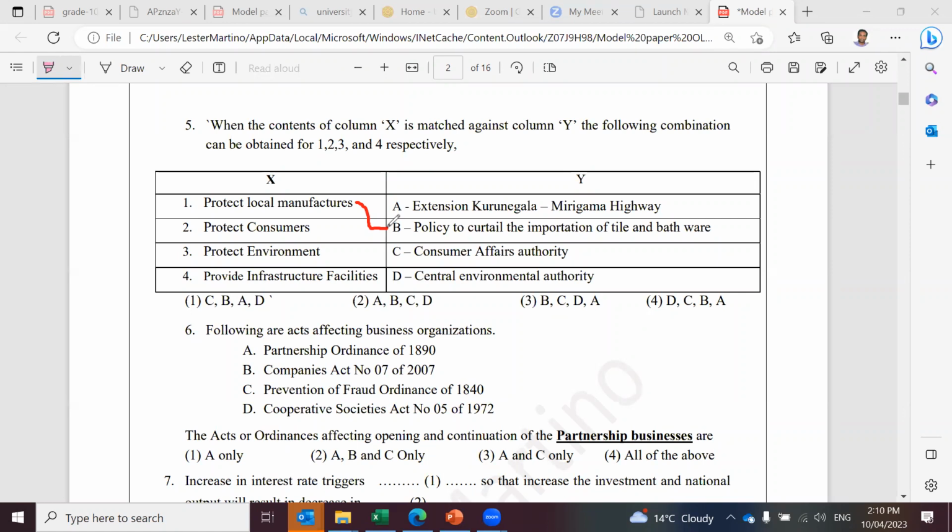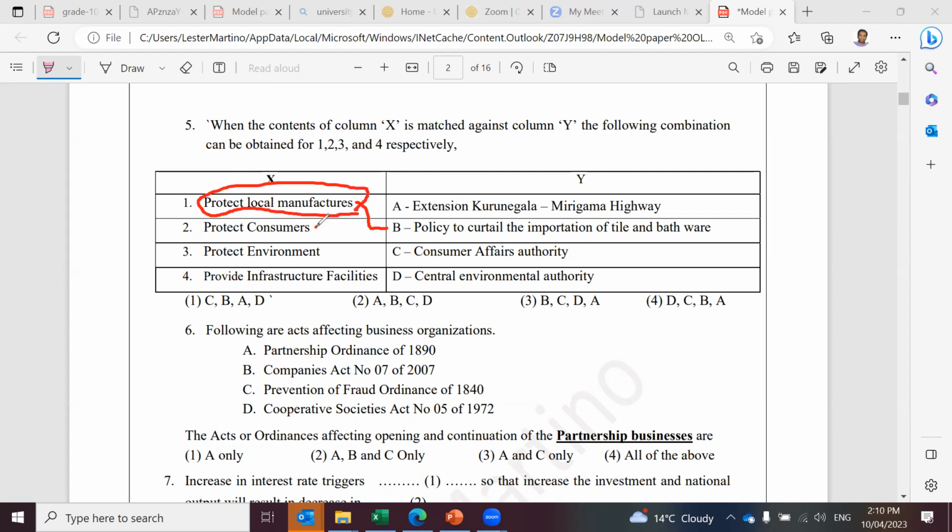If you talk to any Nawala tile importers, their business has drastically reduced their operation because they cannot import any tile items from China or India. So they are stuck in their businesses. Okay. So LCs won't open. So it's to protect the local manufacturers.